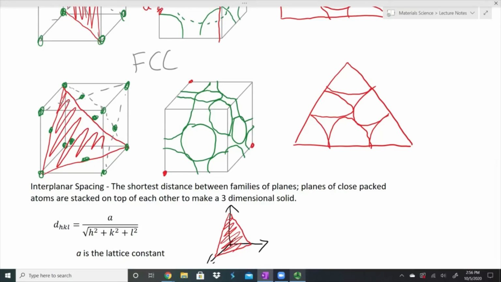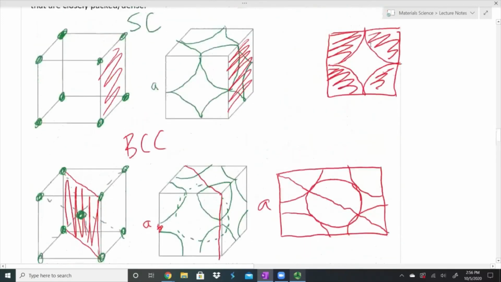But this here is my most densely packed plane. We found out earlier that the FCC is the most densely packed cell. This is actually also the most densely packed plane out of these three as well.